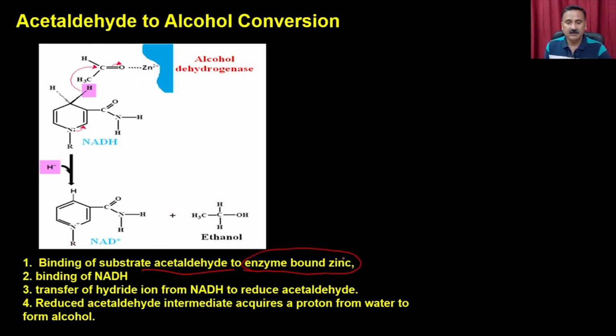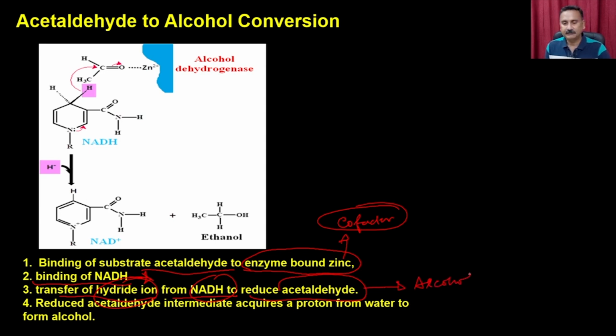So the zinc is also a very important cofactor involved in the reaction mechanism. Then it is going to bind the NADH, and there will be a transfer of the hydride ion from the NADH to reduce the acetaldehyde, and once you reduce the acetaldehyde, it is going to form the alcohol.